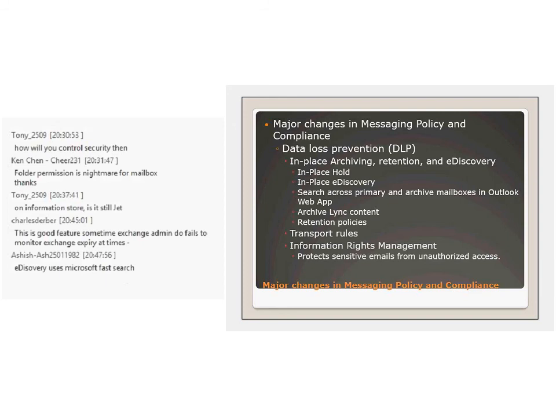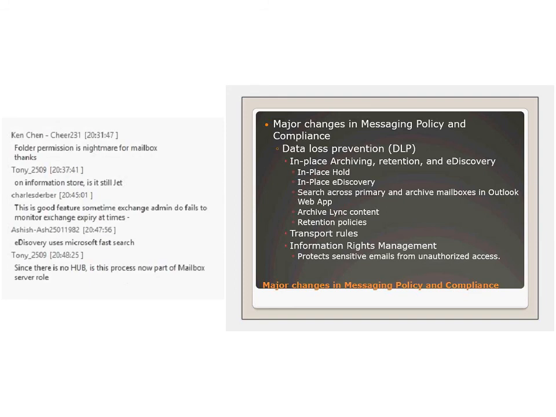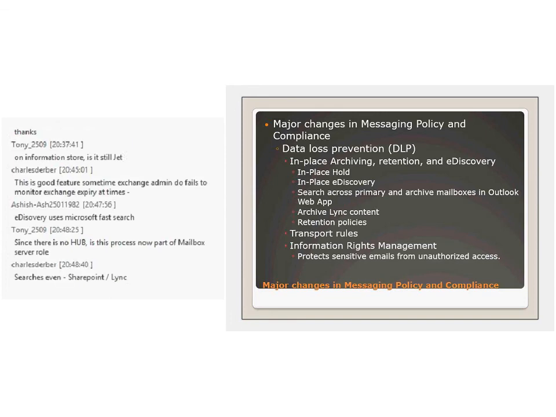Basically, it's the FAST search which you had in SharePoint, and that's now integrated into Exchange as well. Unlike the older versions, you do not need a separate FAST search server, as you had in SharePoint. It runs within Exchange.